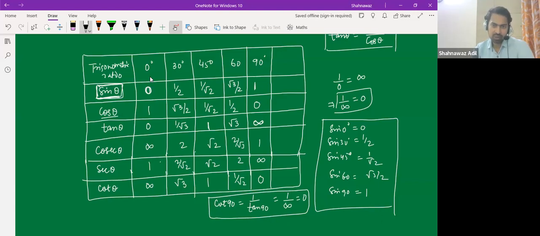Paste it on the wall or make a sticky note of this table, and always take a look at it. In that way, you can remember all these values, because the next exercise is only about these values. Yes, Shaima, note it.